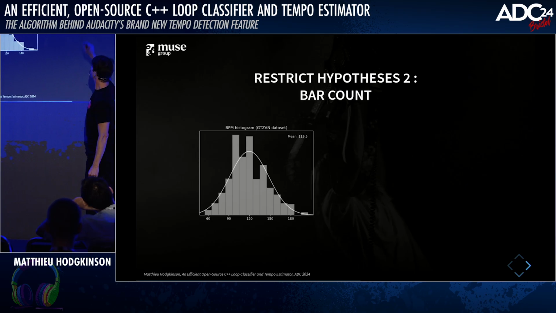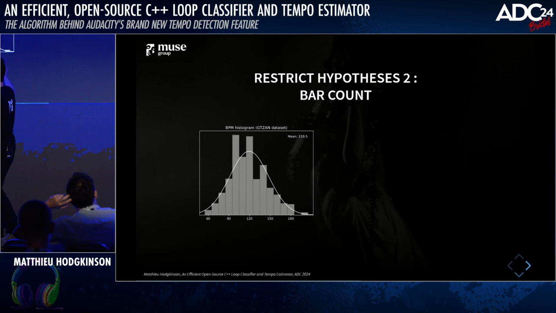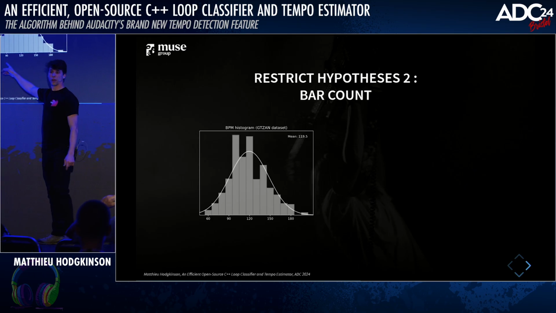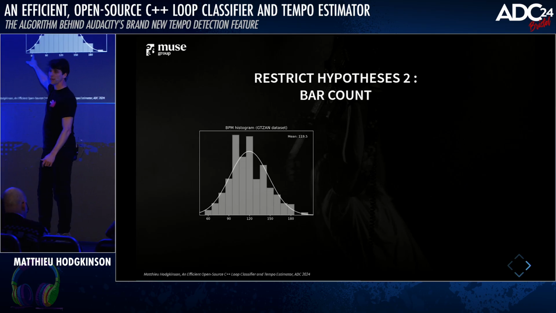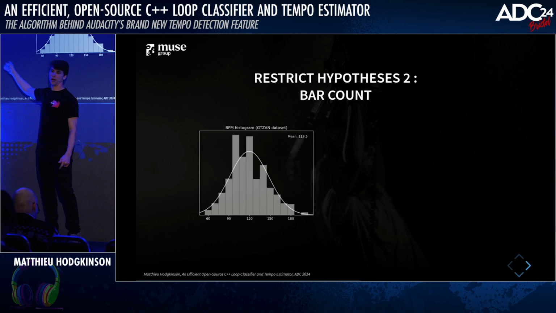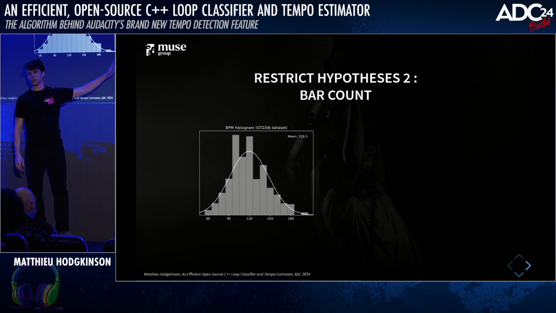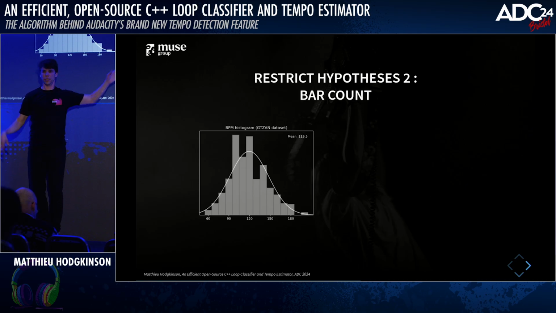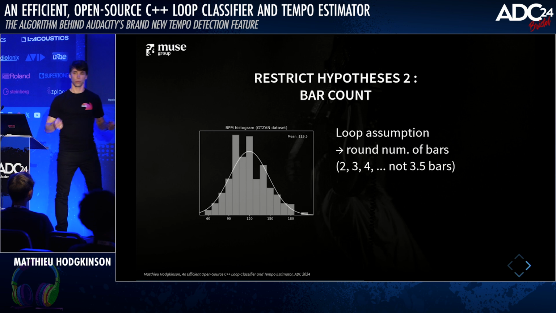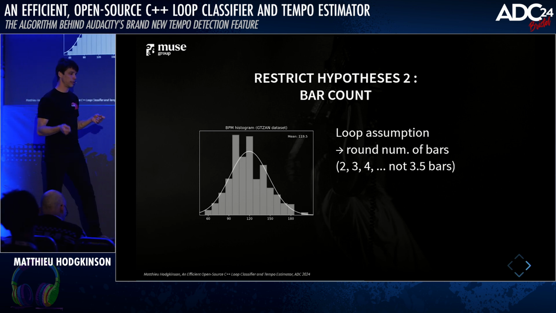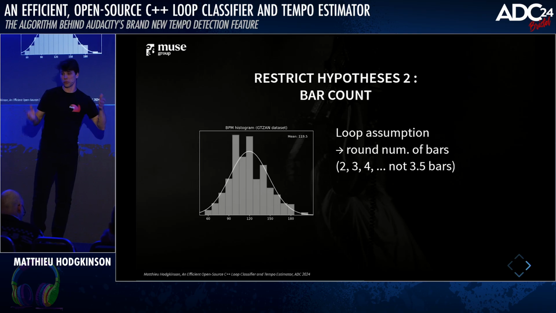Now we're going to restrict our bar count hypotheses. We know from stats that in Western music, at least, BPMs less than 60 per minute are almost as good as nonexistent. And over 200, it's the same, so 50 to 200. We also know that what we are testing is the assumption that what was imported by the user is a loop.